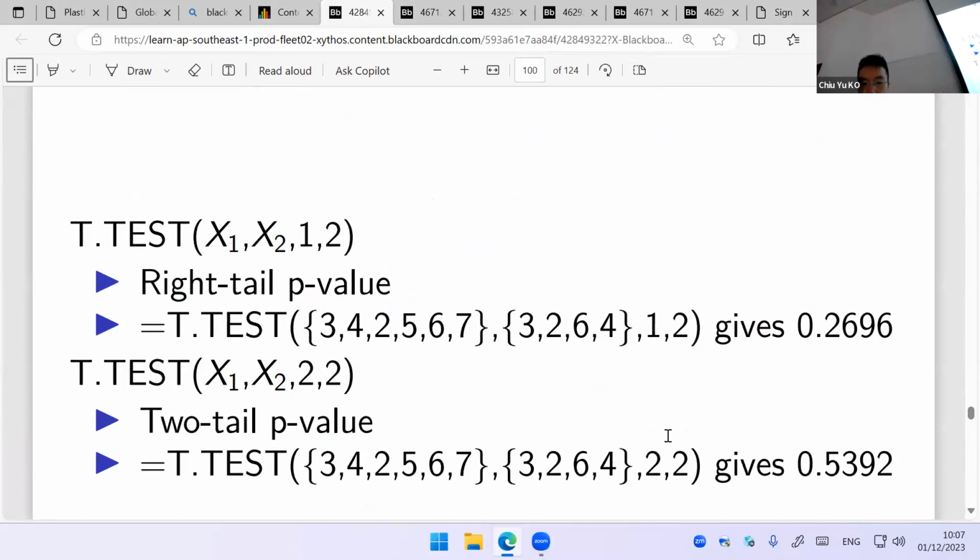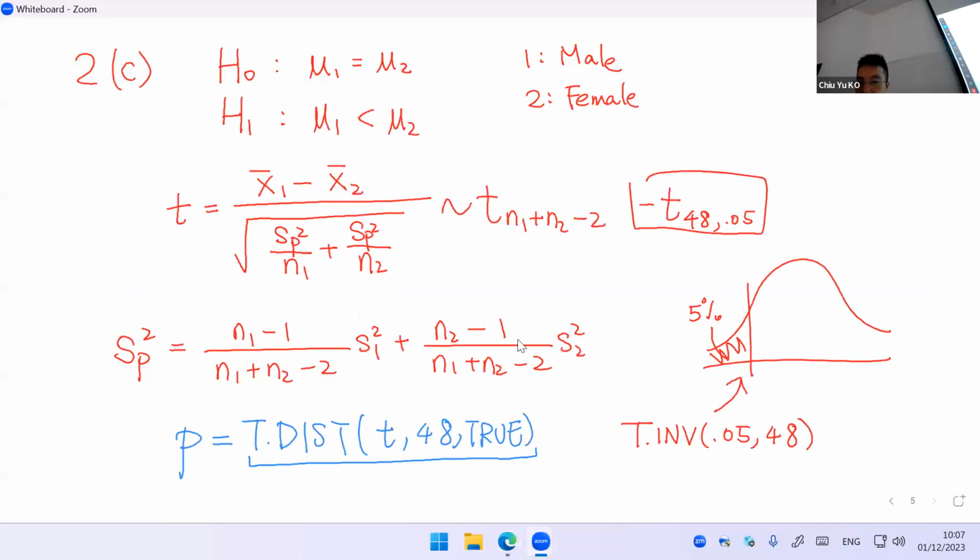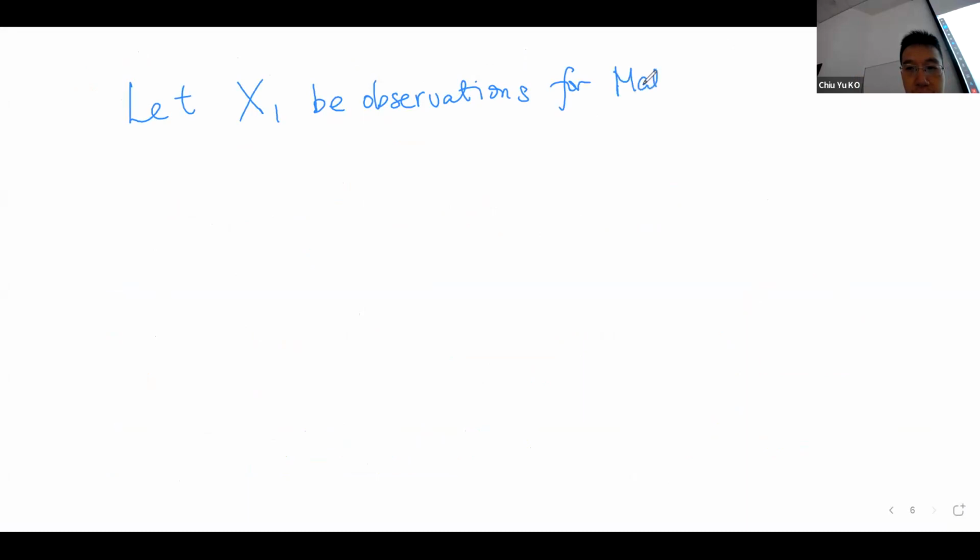So how are you going to show me your input? You just write down: let x1 be observations for male, and x2 for female.